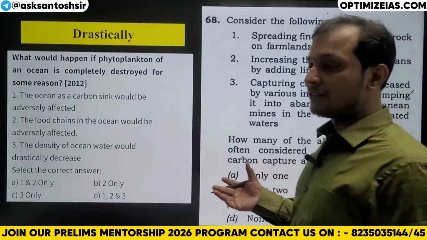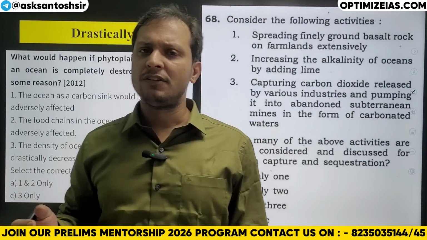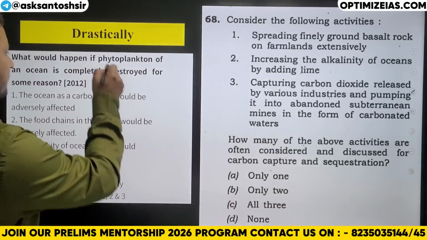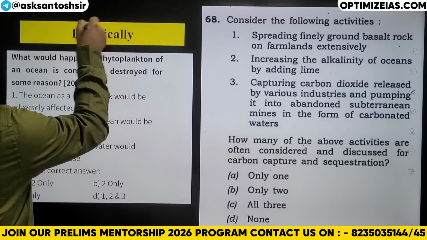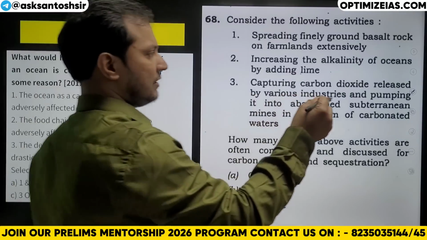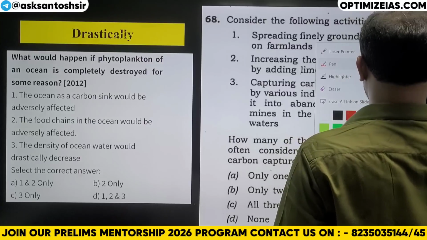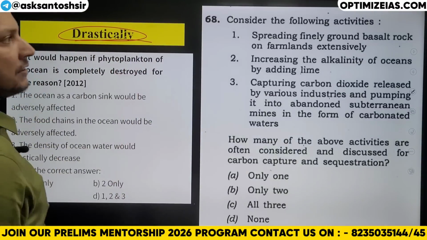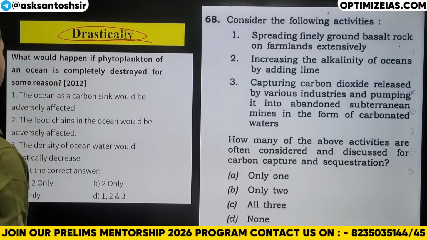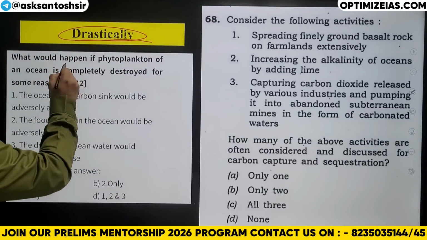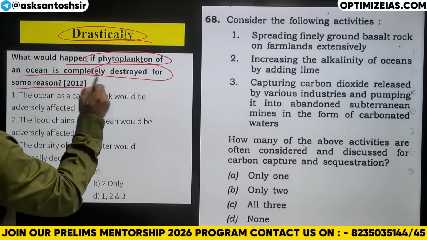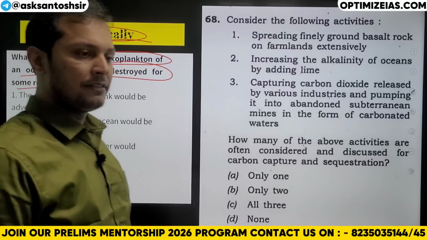Now guys, one word which is very much used in economic questions is drastically. Economy, environment, okay, drastically. You can see here, what will happen if phytoplankton of ocean is completely destroyed for some reason?